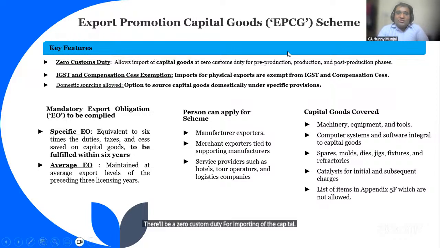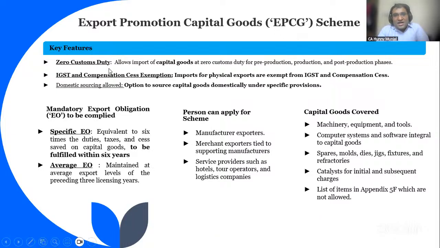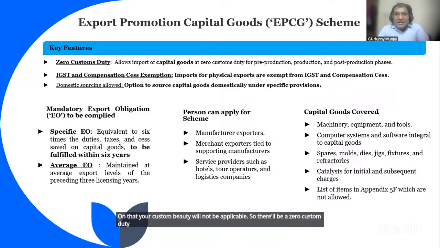And these capital goods can be used for pre-production, production of the export goods, and post-production. Post-production would be packaging, other things. All these machinery, if you are importing from outside India and you have opted for the EPCG scheme, on that your custom duty will not be applicable. So there'll be zero custom duty on that.